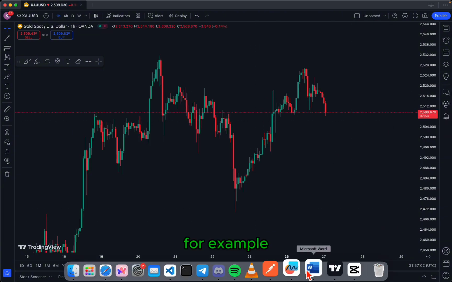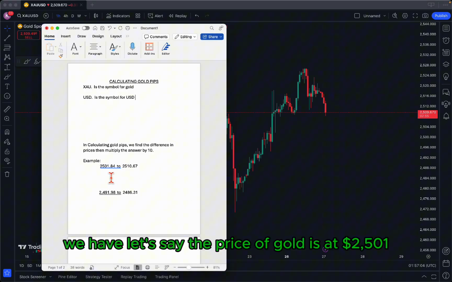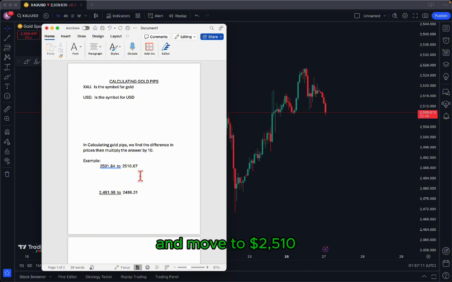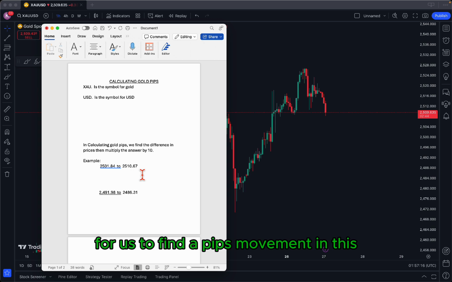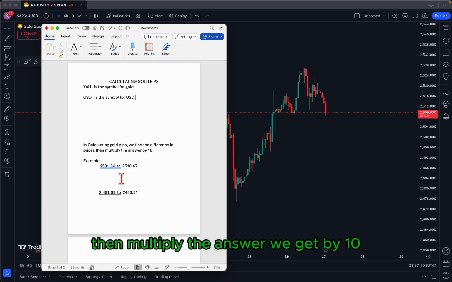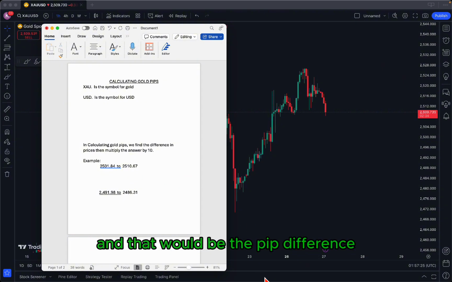For example, let's say the price of gold is at $2,501 and it moves to $2,510. For us to find the pip movement, we subtract the prices, then multiply the answer by 10, and that would be the pip difference.